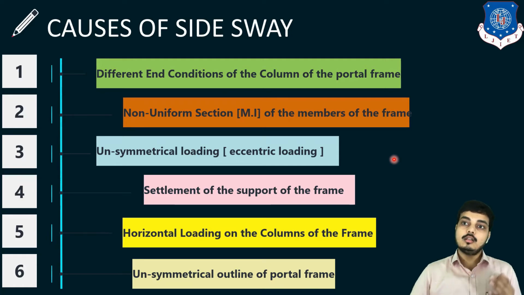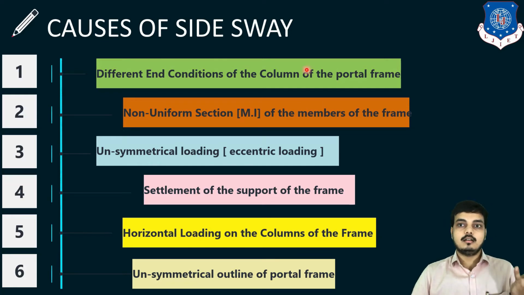Now one question: must all six points occur on that particular frame? No. Even a single point is enough, like if there is a different MI of the column, ultimately sway will occur.